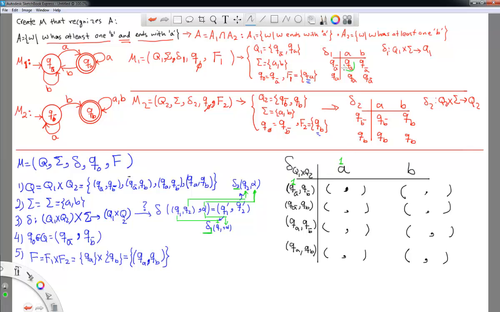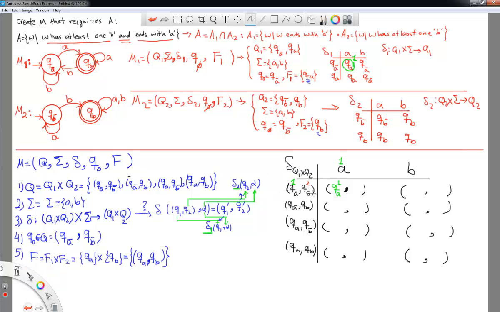Delta 1 tells me this is 1, right? So that means that if I'm in Q naught A and I see A, the machine M sub 1 goes to QA, right? So then this is going to be Q sub A, 1. Okay, let's change the color. So let's call this operation 2.